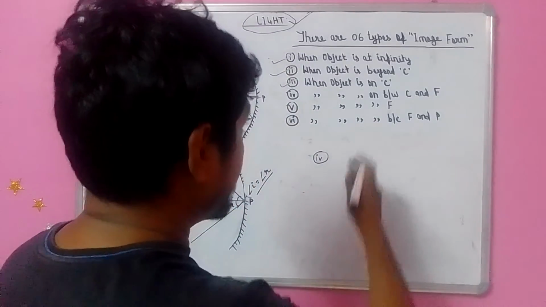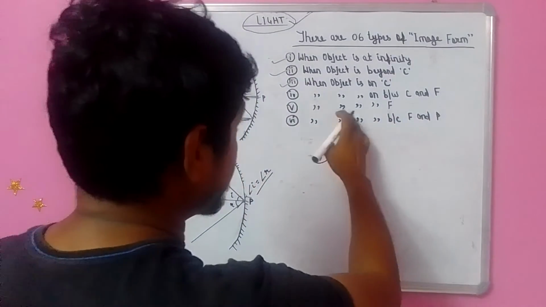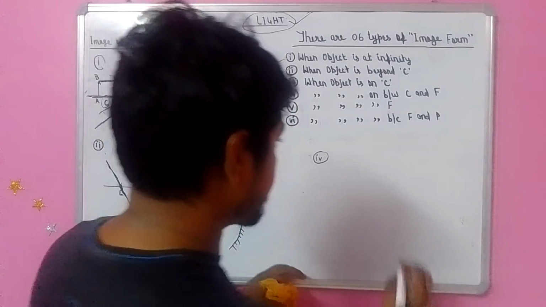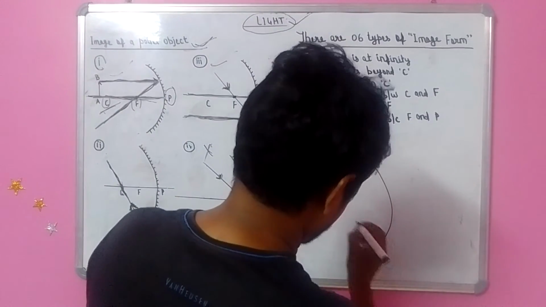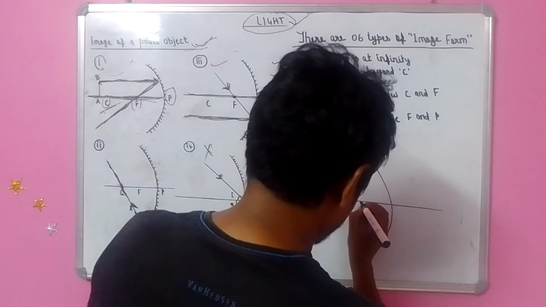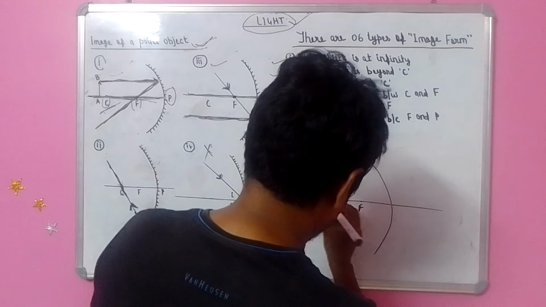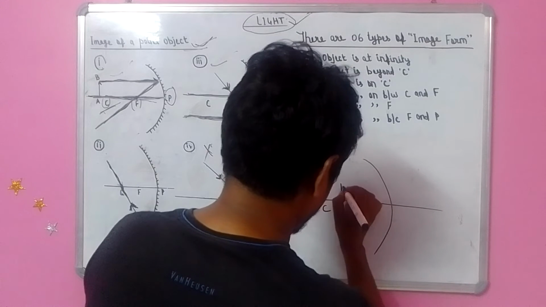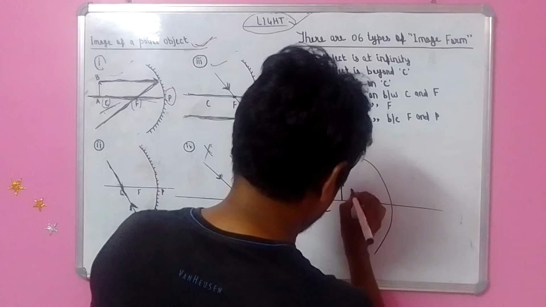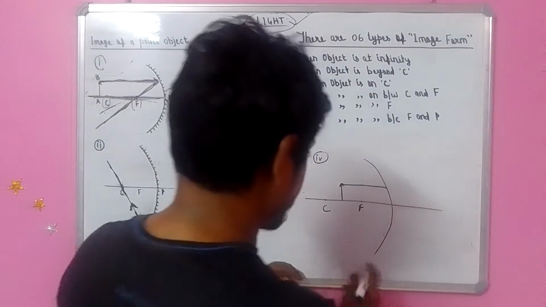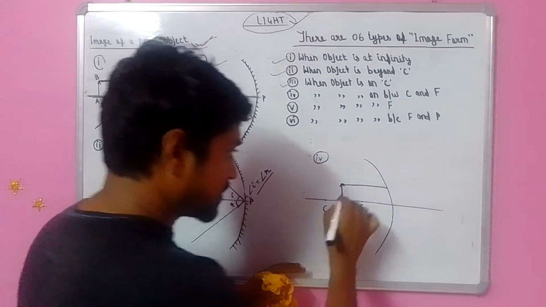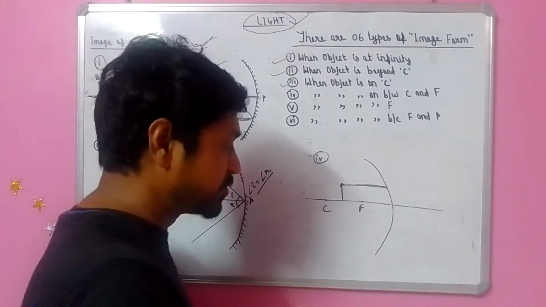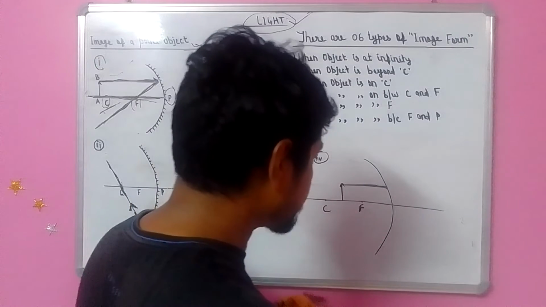Fourth point. When the object is between the center of curvature and the focus. If this is the center of curvature, here is the object. The ray of light passes parallel to the principal axis.